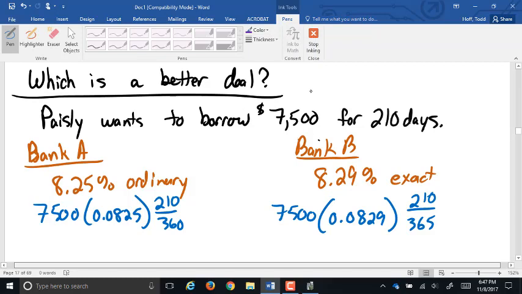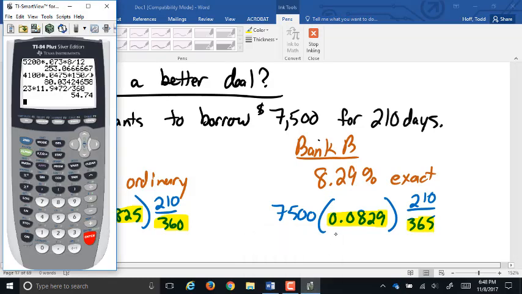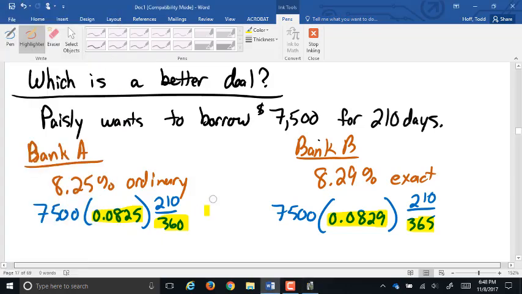So the difference here, when we set them up, Bank A is going to be 0.0825, but it's only divided by 360. Bank B is 0.0829, but it's divided by 365. So we really have to calculate these out. Bank A is going to be $360.94 in interest.